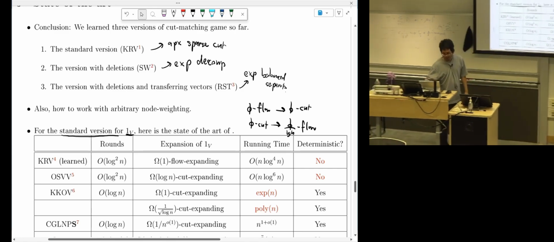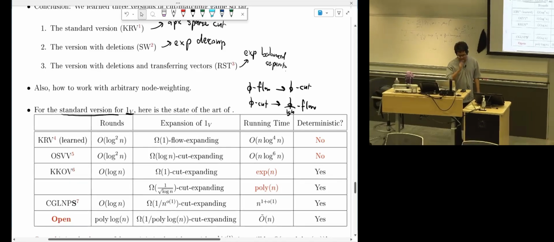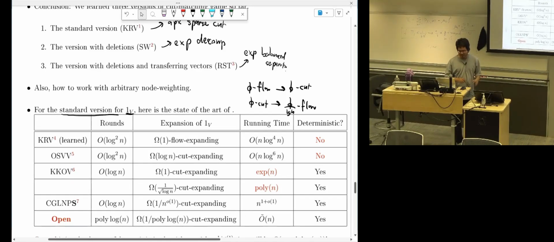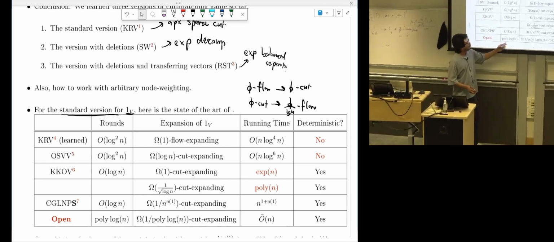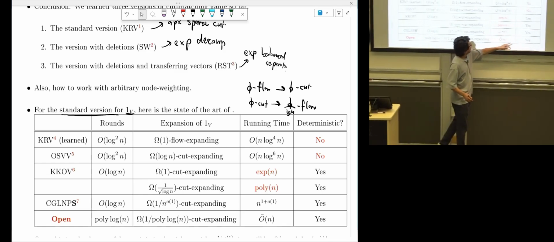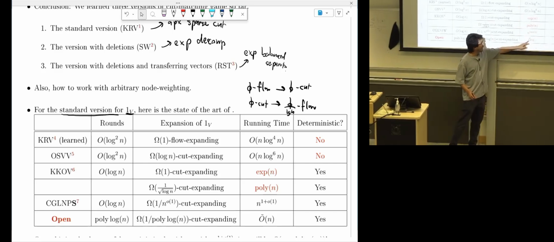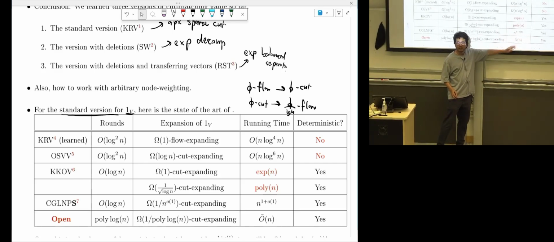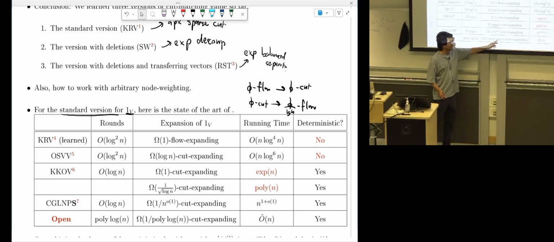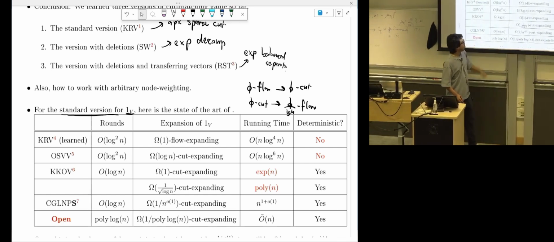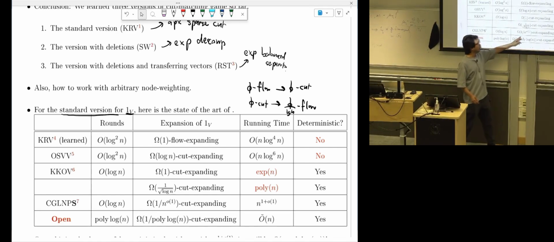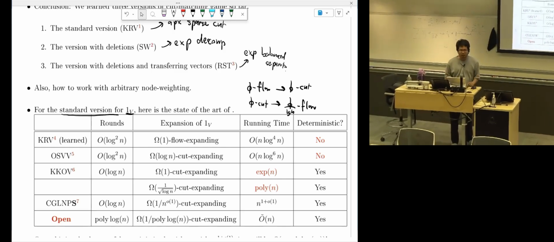But what's open, and it's one of my favorite open problems, if you can do it, I give you a PhD. I really like this problem. So can we do it deterministic and fast, as in really just n polylog time? And this is 1 over polylog cut expansion and polylog rounds. So kind of remove the n^{o(1)} to polylog.